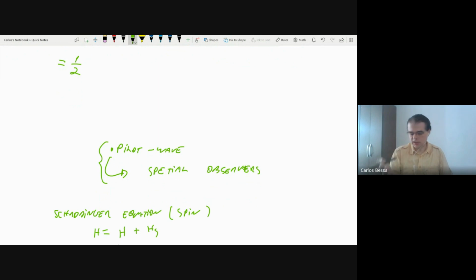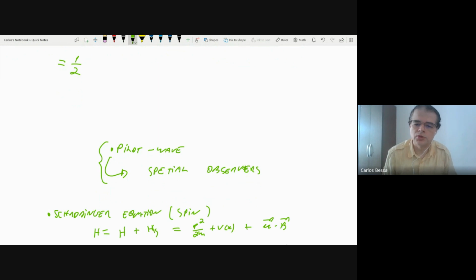This is in non-relativistic quantum mechanics. That's the way you do it. Pauli, I think, did this in the early 30s. And this Hamiltonian is the usual p squared over 2m plus V, and the spin Hamiltonian will be something, I don't remember exactly, but something proportional to p. And these would be operators now.